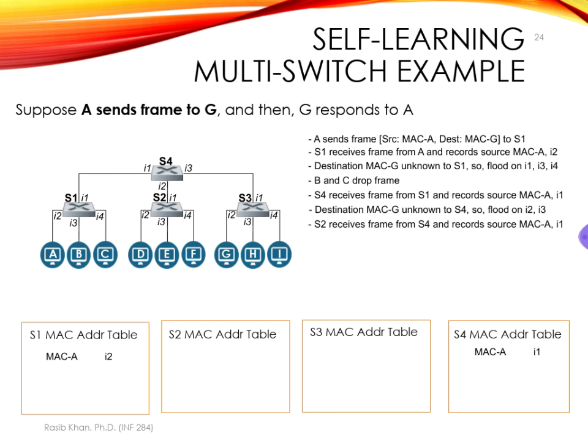S2 receives the frame from S4, and again it checks the frame and finds that the source is MAC address A and it just received it through interface 1, so it first records the incoming interface and the corresponding MAC address.